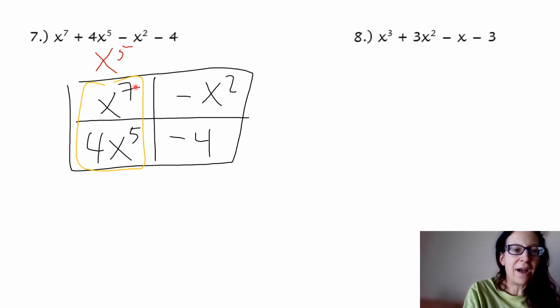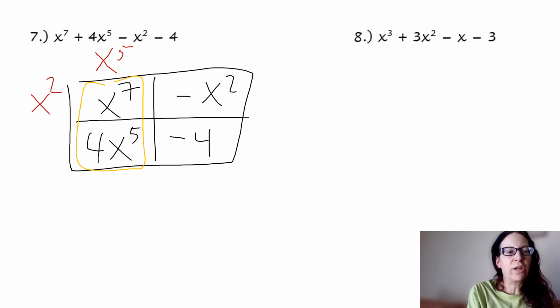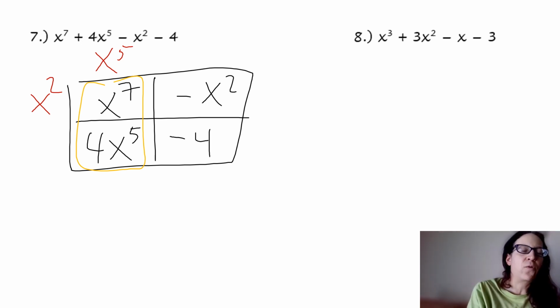So if you have 7 x's, 5 of them are up here, what had to be multiplied in over here to get you those 7 x's? Well, that would have to be 2 more x's. So that would be x squared. And then down in the lower left, x to the 5th times what would give me 4x to the 5th?